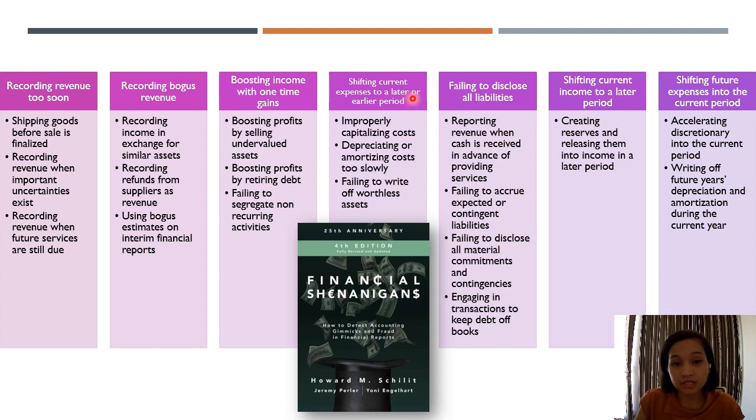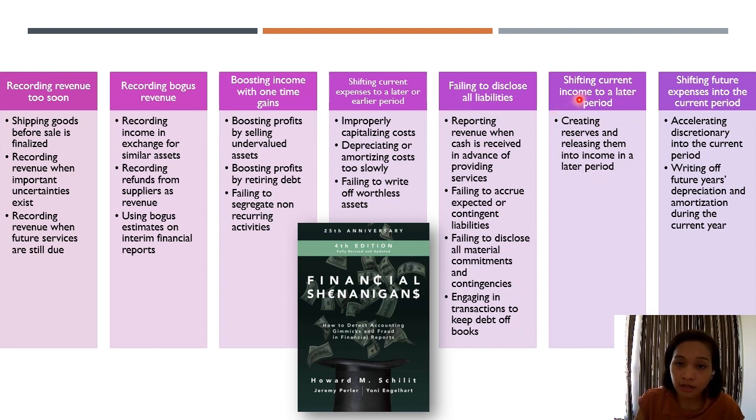Fourth is shifting current expenses to a later or an earlier period. For example, improperly capitalizing costs, depreciating or amortizing costs too slowly, and failing to write off worthless assets. The next part is failing to disclose all liabilities: reporting revenue when cash is received in advance of providing services, failing to accrue expected or contingent liabilities, failing to disclose all material commitments and contingencies, and engaging in transactions to keep debt off the books.